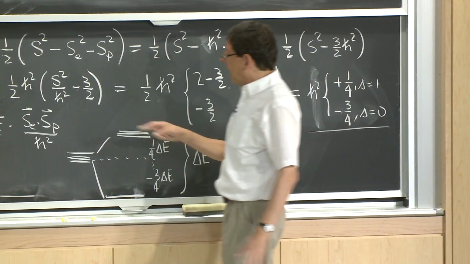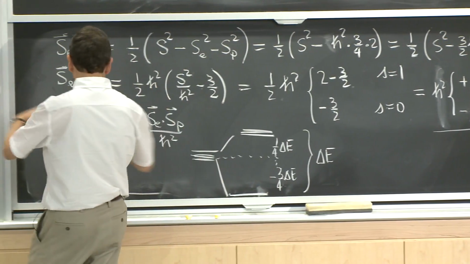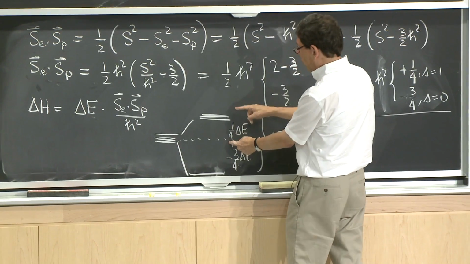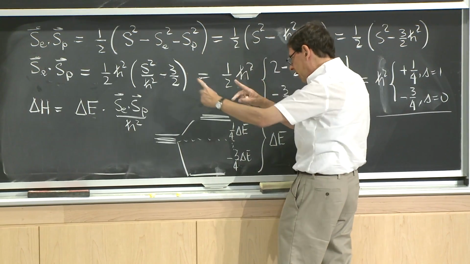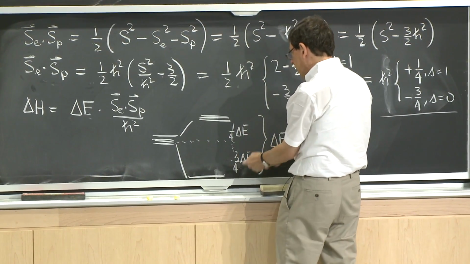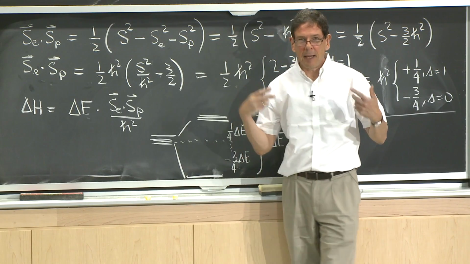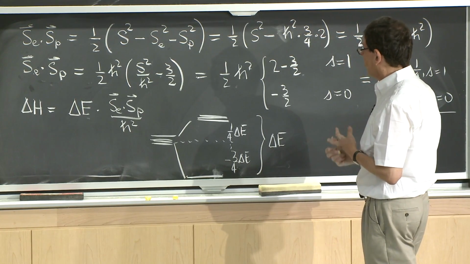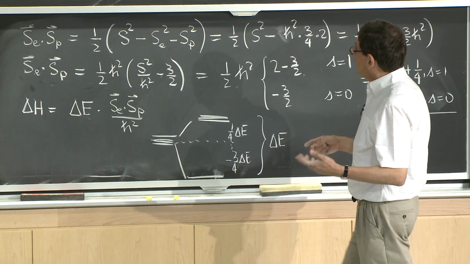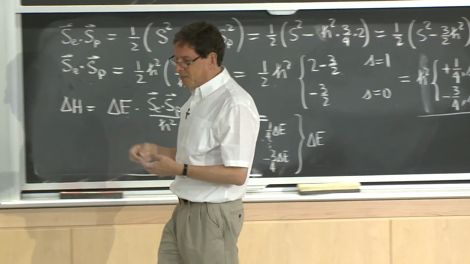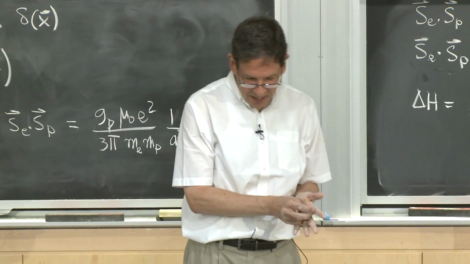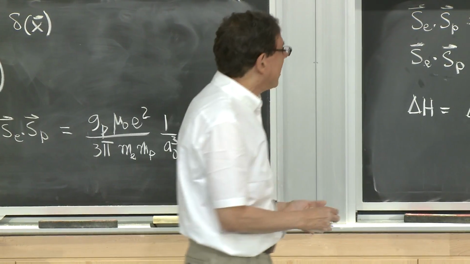So the expectation value of delta H on the triplet gives you 1/4 delta E. The expectation value on the singlet gives you -3/4 delta E. By the theorem of perturbation theory, those are the shifts of those energy levels. So what remains to see and enjoy here is the values of these numbers. What are they?